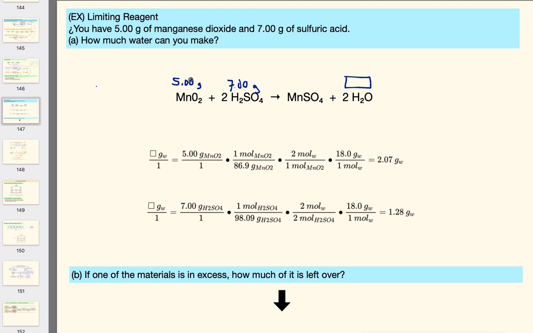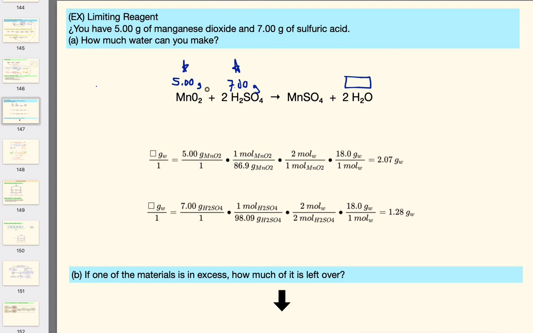The first thing I noticed is that I have two starting amounts, so which one are we going to use? Well, 5 has less. No, that's not right; that's just the one with less starting material.